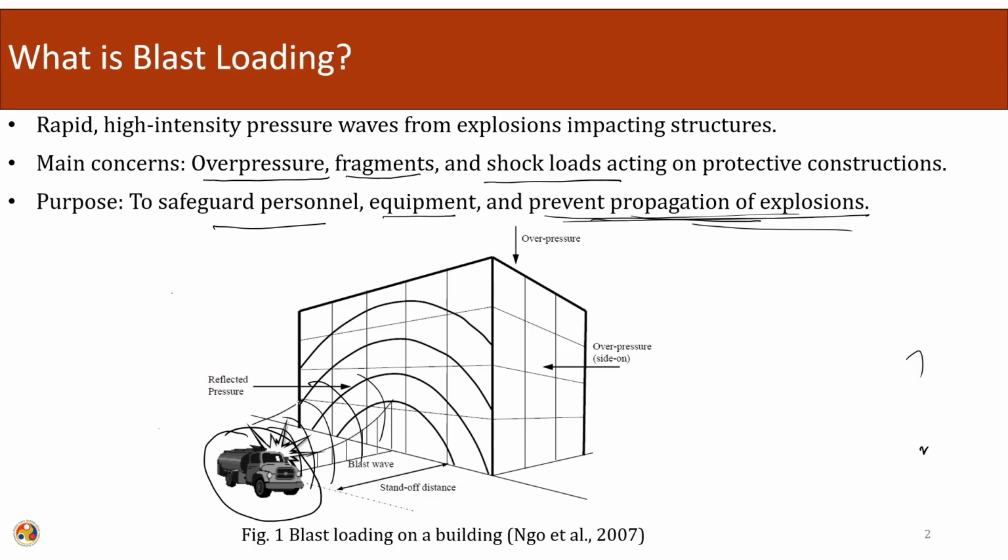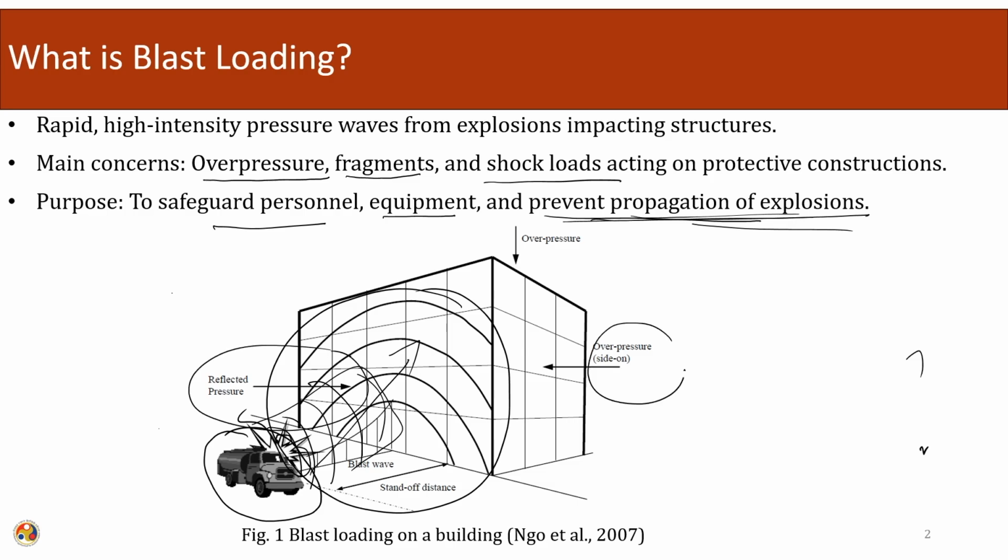The blast pressure which hits the building is called the reflected pressure, because here the pressure caused by the blast explosion is interacting with the structure. So this becomes the reflected pressure. Where there is no interaction, like in the sideways, it is called an overpressure.